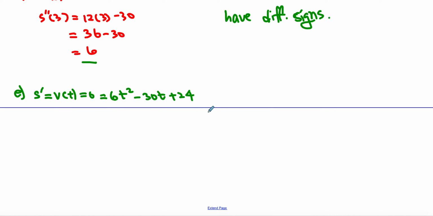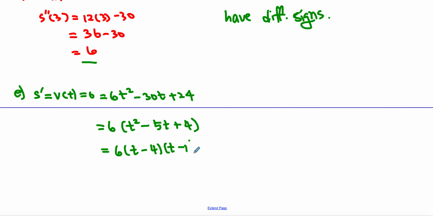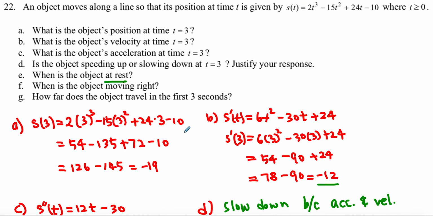So I'm going to factor 6 out. Then I get t squared minus 5t plus 4. Then this is factorable, so 6 times t minus 4 and t minus 1, that means velocity will be equal to 0 and t is equal to 4 or 1. So we have two values.